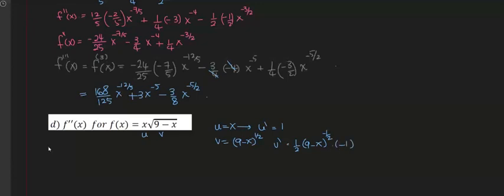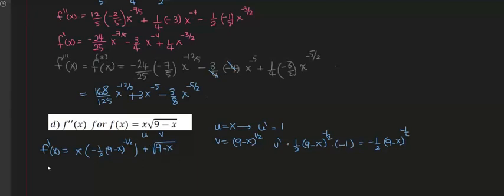And then we write for f dash of x, or y dash, it is going to be u as it is times the derivative of v, which is, we can combine this, negative 1/2 times 9 minus x to the power of negative half. So it's going to be negative 1/2 times 9 minus x to the power of negative half, and then plus the square root of 9 minus x as it is times the derivative of u, which is 1.